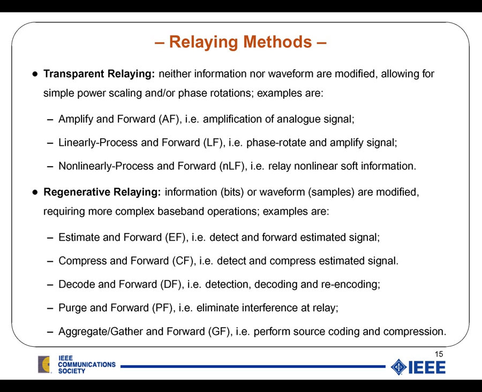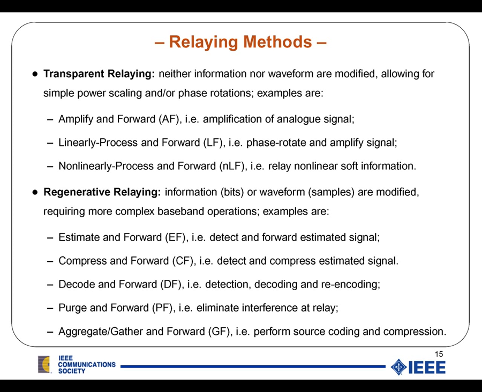That means you only can do power scaling and or phase rotations. The terminal receives a certain signal, amplifies it, phase rotates, or does some other transformations with it, and amplifies and sends it out. For instance, we have the amplify and forward, in short AF relaying protocol, where exactly my terminal simply receives a signal, amplifies it, and transmits it.